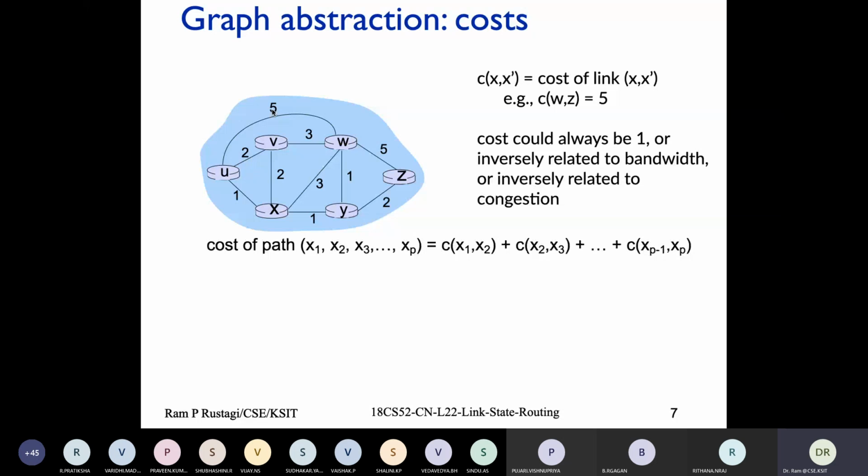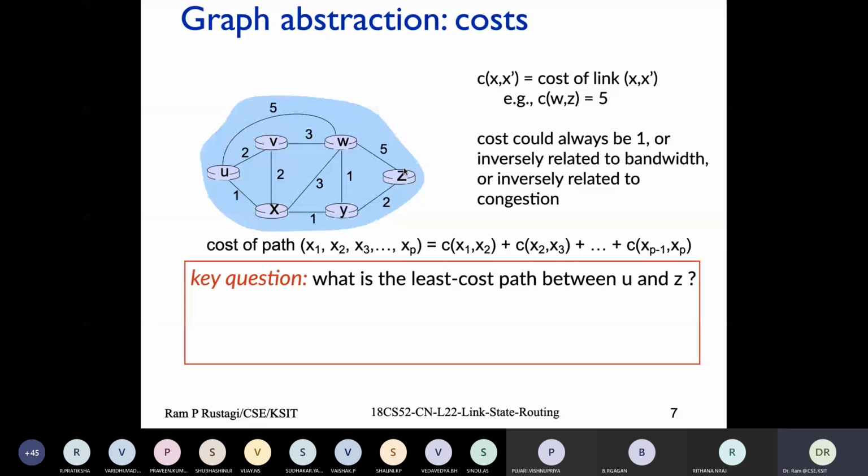So my path cost from U to Z would be U to V, V to X, X to Y, Y to Z, or we can say U to V, V to W, W to Z, or there are a number of other paths.